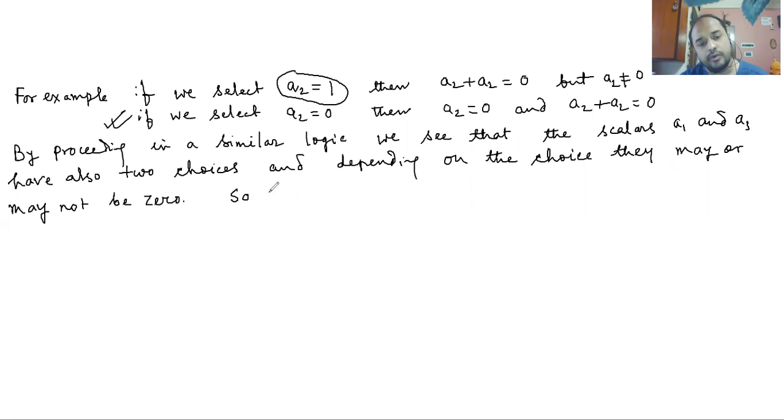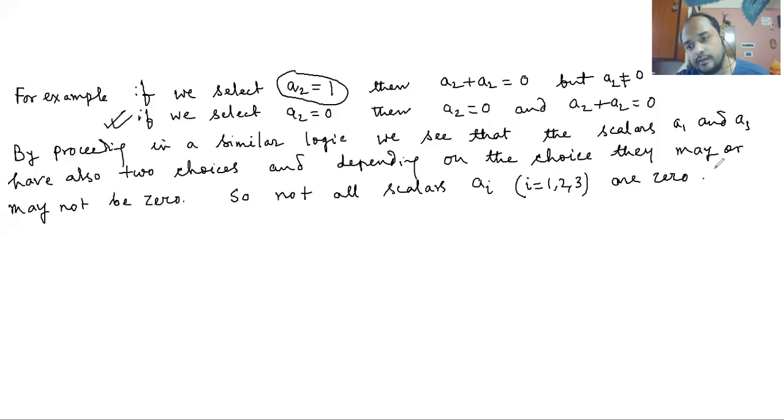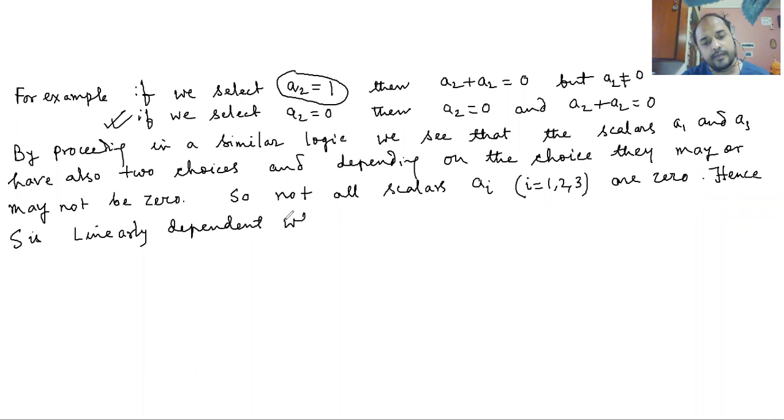So not all scalars Ai, i equal to 1, 2, 3, are 0. Hence, S is linearly dependent when the field is Z2.